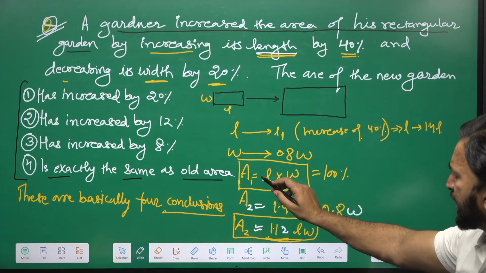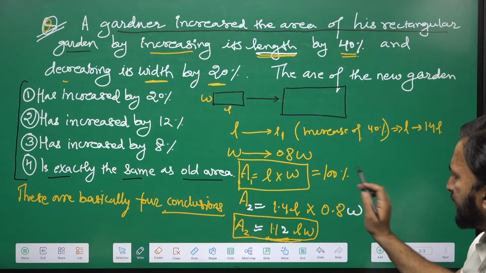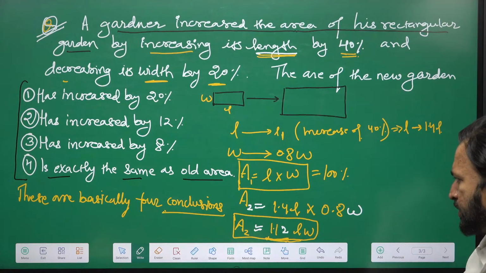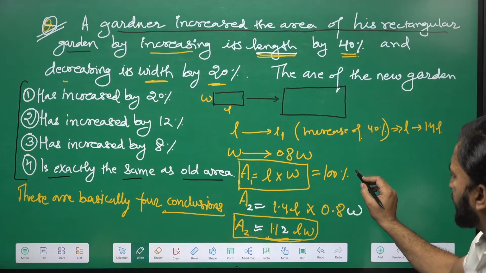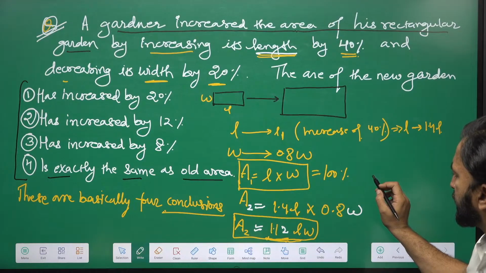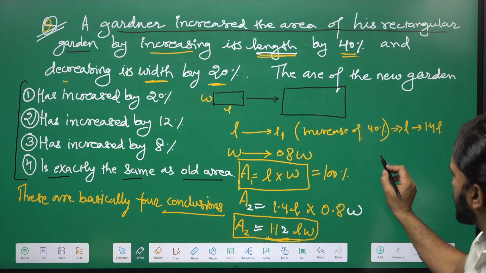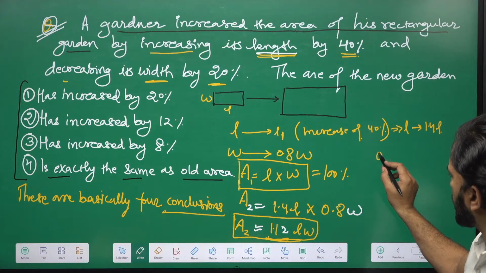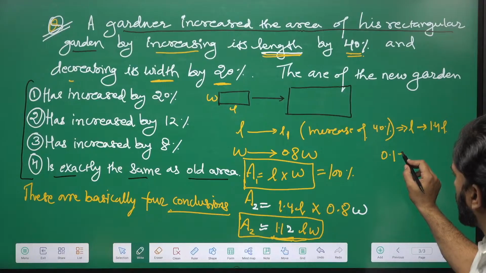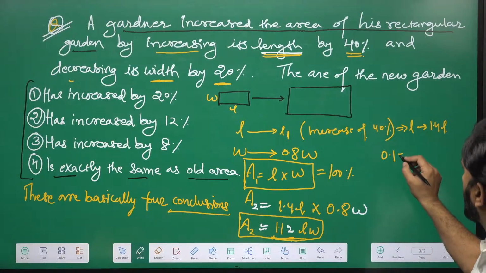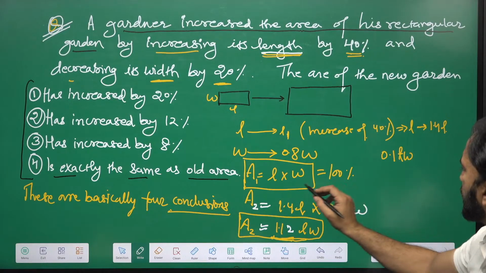So we will see that 1 LW is equal to 100%. So can we write it as initially 100%, and 0.1 of LW.